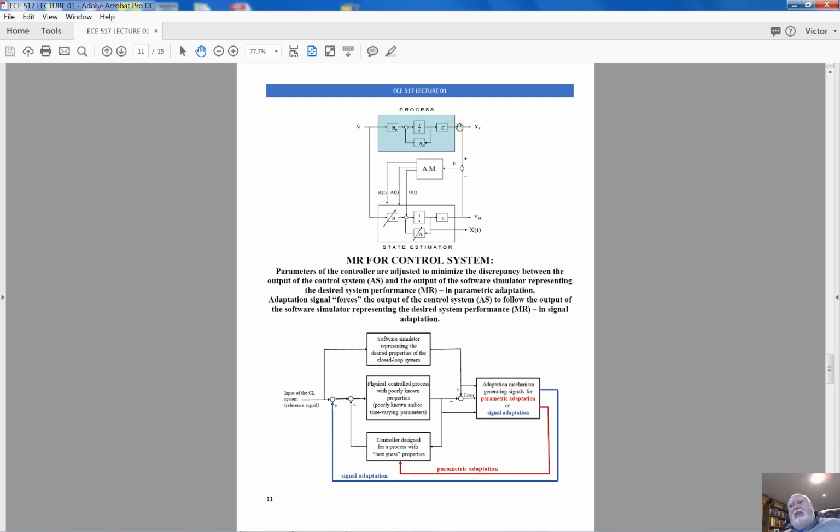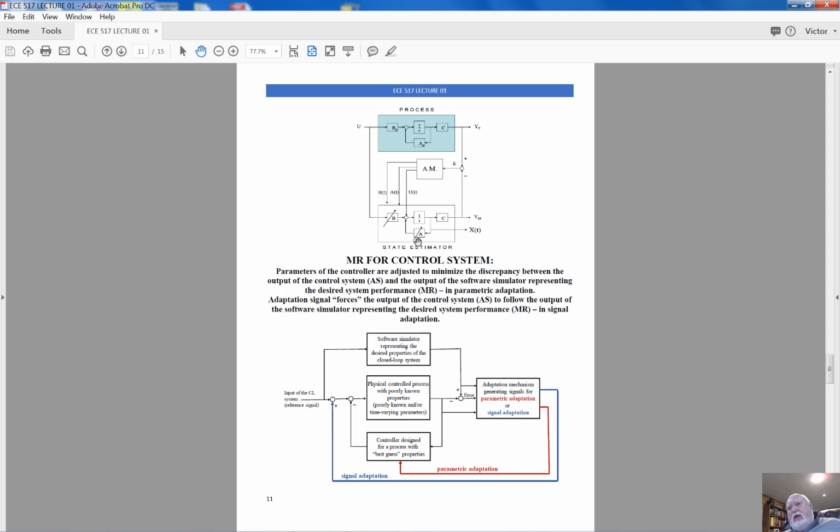It looks like the state vector of this process is not known to us, or we cannot monitor it with the necessary frequency. And this is the simulator that has a very similar configuration with respect to the process.